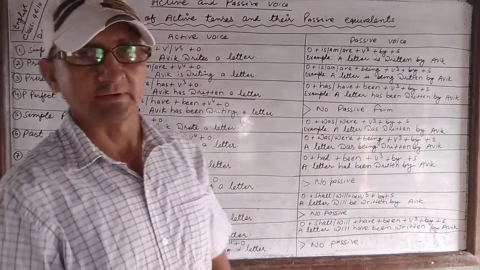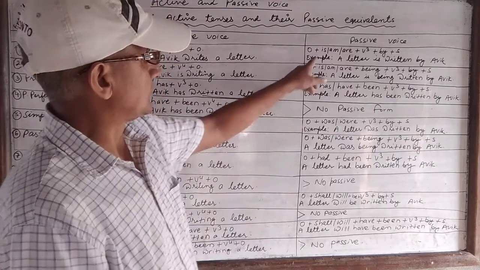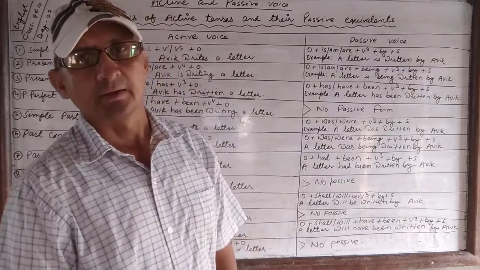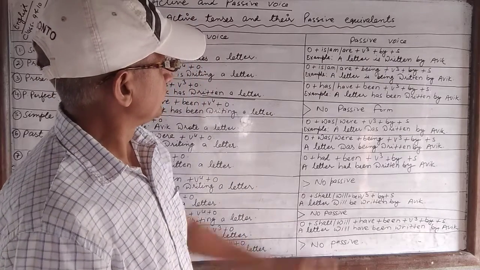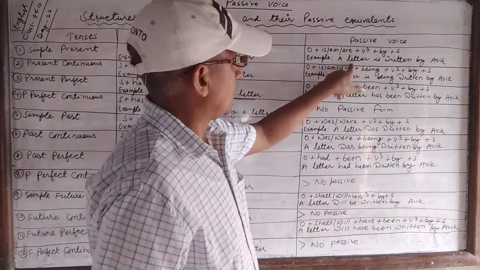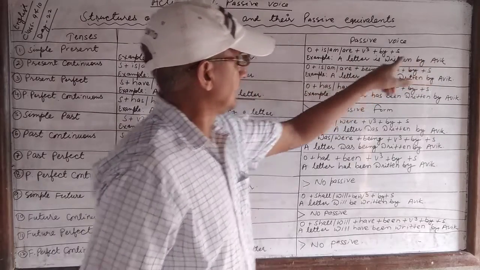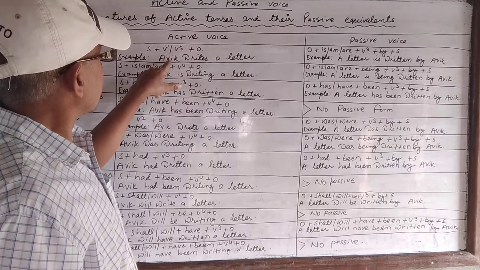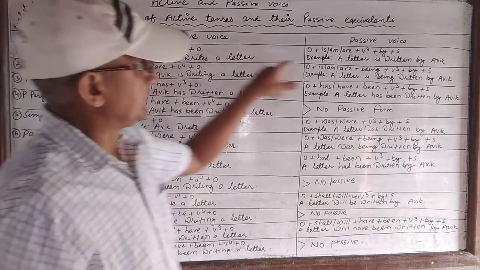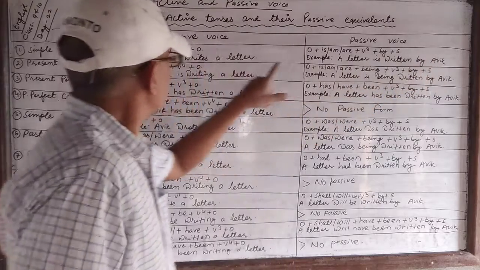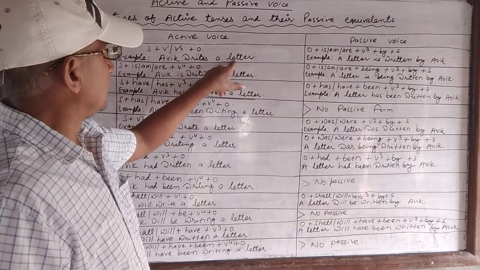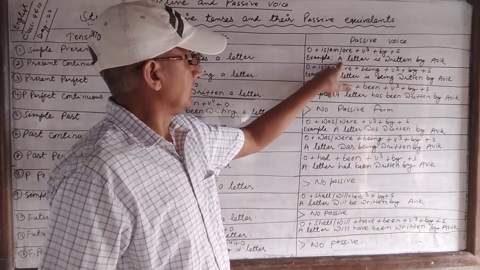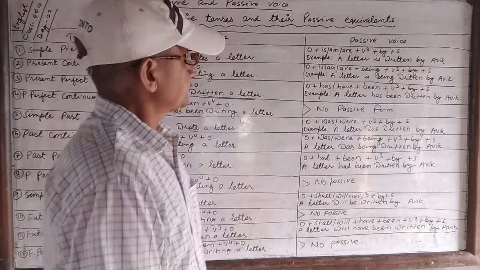This is the passive structure of simple present tense. If the active voice is in simple present tense, you have to change it in this structure to make it passive voice. Let's see the example. A letter is written by Abik. Abik is the subject in the active voice and it becomes object in the passive voice. A letter is the object in the active voice. In the passive, it becomes subject.